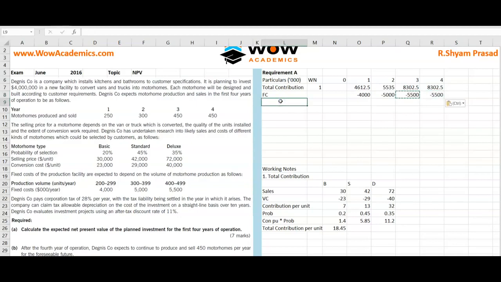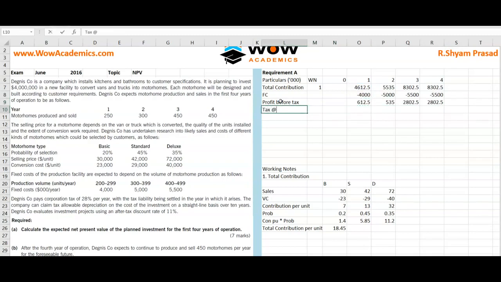So once we have done, we will be getting the profit before tax. So profit before tax is simply add both the numbers, and you will get the answer. So from here on you have to compute the tax.